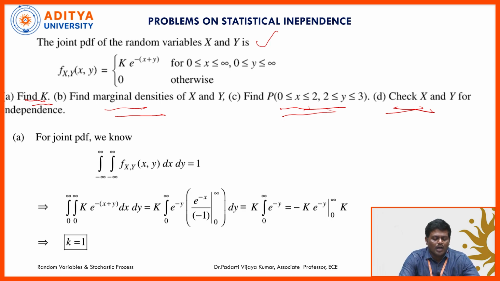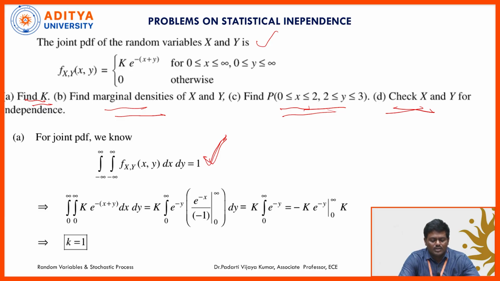To compute the unknown value k, we have one property of the joint density function. The area under the joint density function must be unity. For any valid density function, the area under the density function is unity. We will apply this condition straight away here. The x limits are from 0 to infinity, y limits are from 0 to infinity, k into e power minus of x plus y dx dy.